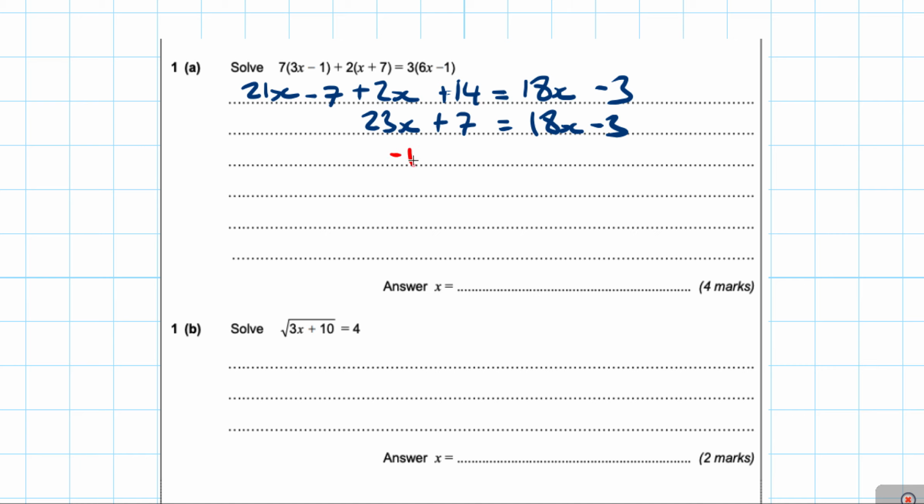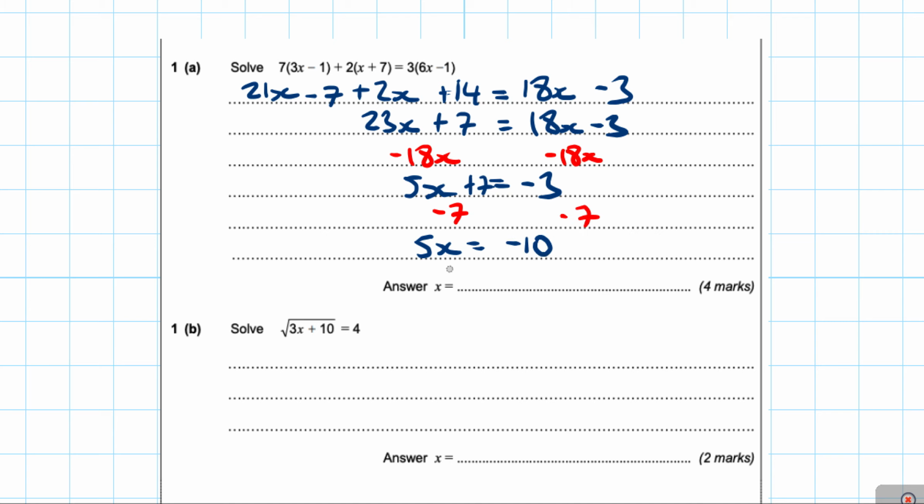So to do this step by step, we would minus 18x on both sides. So 23x minus 18x is equal to 5x plus 7 equals minus 3. And then we would subtract 7 on both sides, so minus 7, minus 7. That gives us 5x equals minus 3 minus 7, which is equal to minus 10.